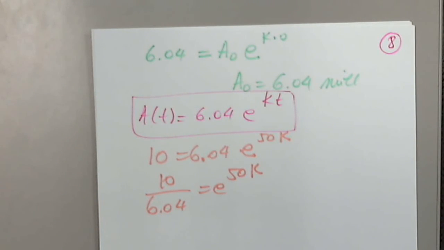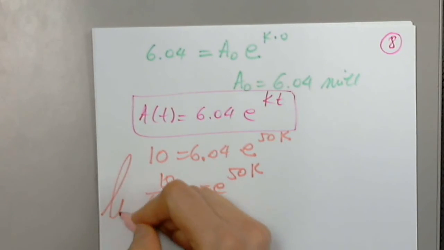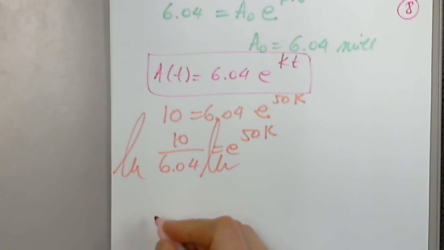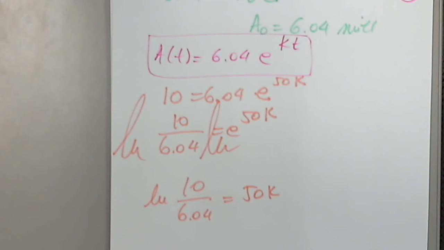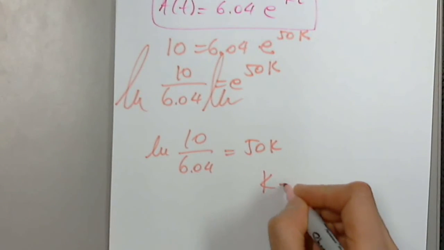What now? Natural log. Very good. So natural log of 10 divided by 6.04 equals? Natural log, 50. Very good. Times natural log of e. But natural log of e is 1. Very good. So then k will equal?